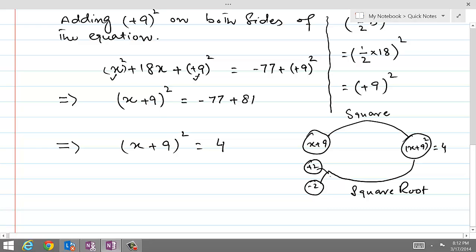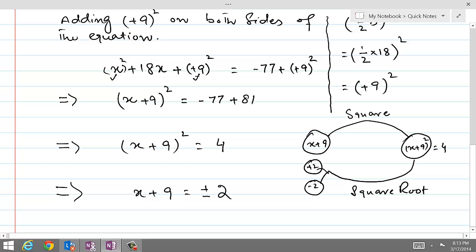So the value of x plus 9 was either plus 2, whose square is 4, or minus 2, whose square is 4, because both of these numbers have their square equal to 4. Therefore, by taking the square root, the inverse operation will undo the square. Therefore, we will have x plus 9 equal to plus minus 2.